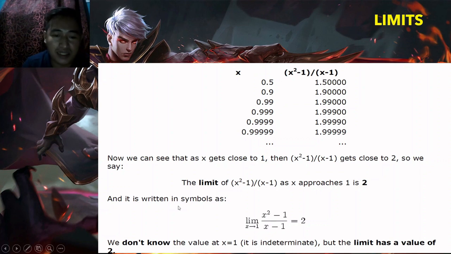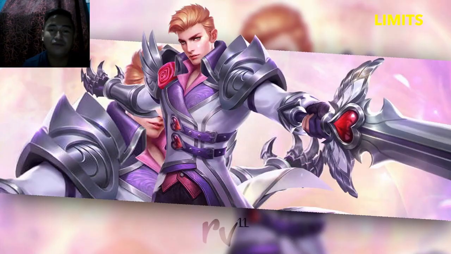So, and it is written in symbols as this one. So, limit of x squared minus 1 over x minus 1 as x approaches 1 is equal to 2. So, we don't know the value at x equals 1. It is indeterminate, but the limit has a value of 2. Okay. So, bahalag indeterminate siya class at 1, pero na siya limit, which is 2.